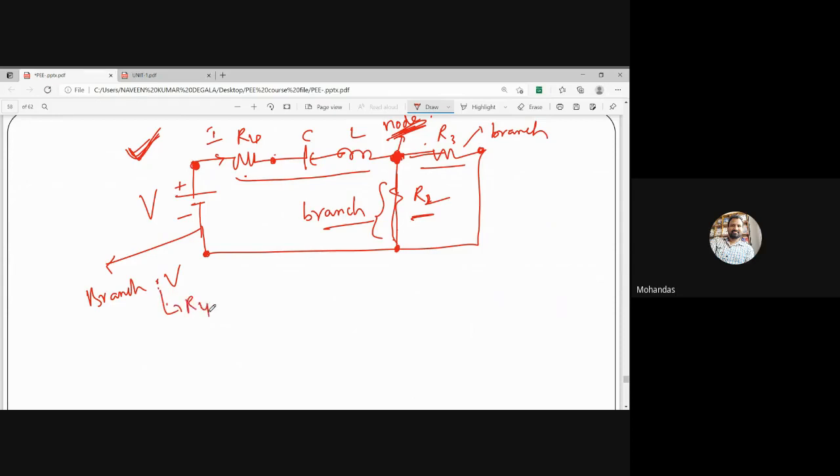Next, R4 is another branch. Capacitor C is another branch, and L is also another branch. This R3 is another branch. R2 is another branch. How many branch elements are there? Each element is considered as a branch. These many branches are there.